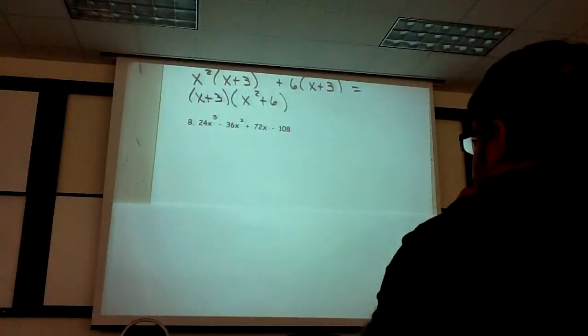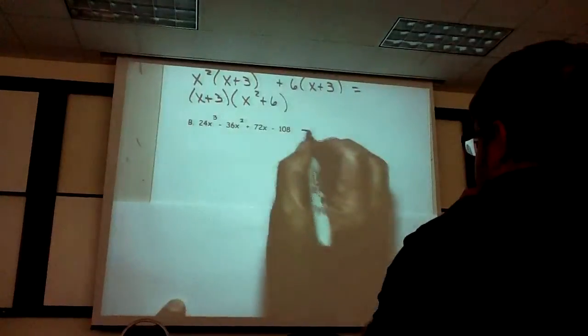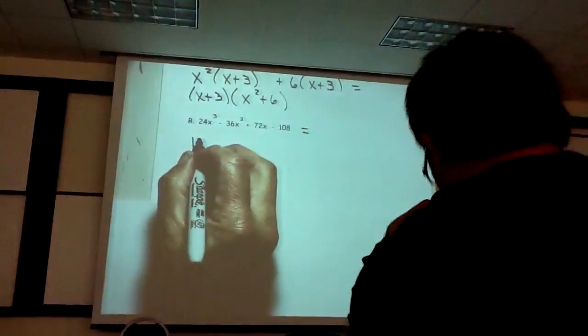It doesn't matter if you got 4 terms or 24 terms. If you are presented with a polynomial and you are asked to factor, the first thing you always ask is, do these terms have a common factor? And your observation is, yes, they do. You observe they have a common factor of 12.